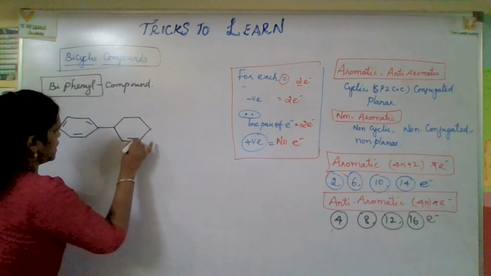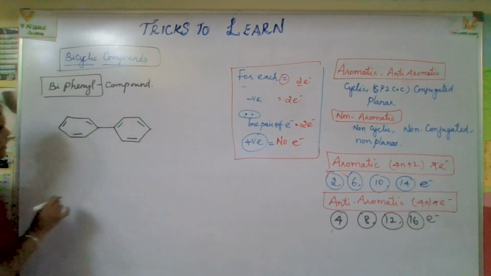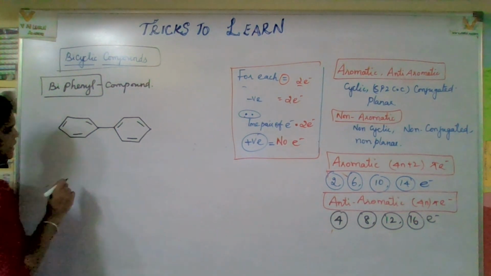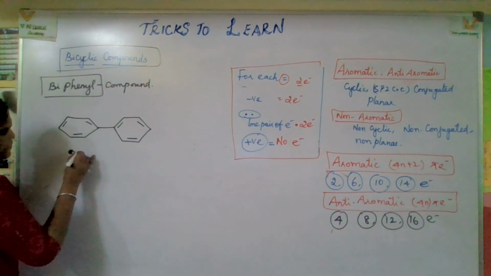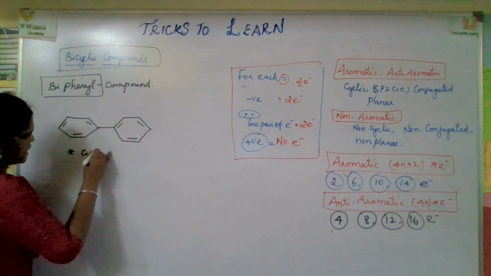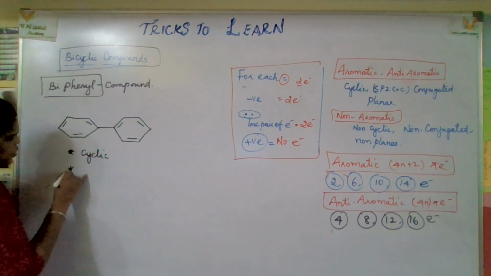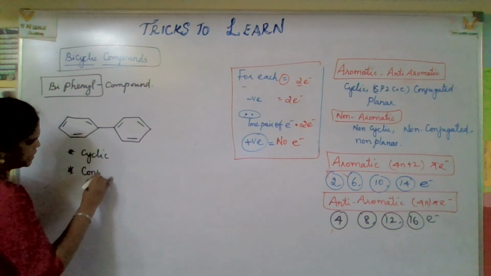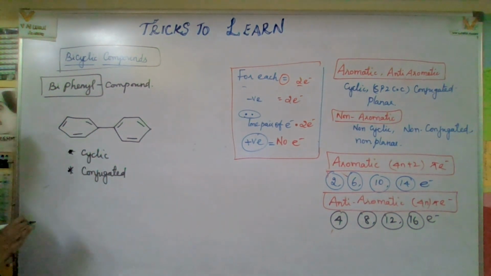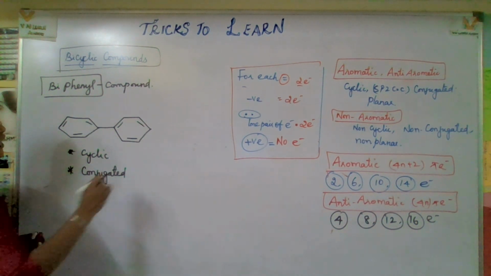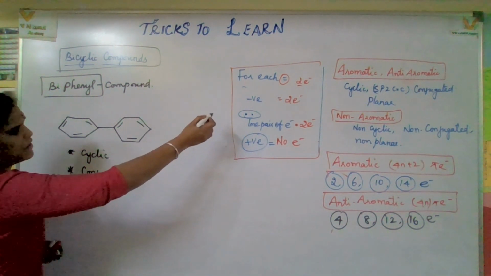So biphenyl means alternate double bonds are there, it is cyclic, and it is a conjugated system also. First and foremost it is cyclic, and second it is conjugated. Conjugated means, you know very well, alternate double bonds. Yes, fine. In that, which things are not available?